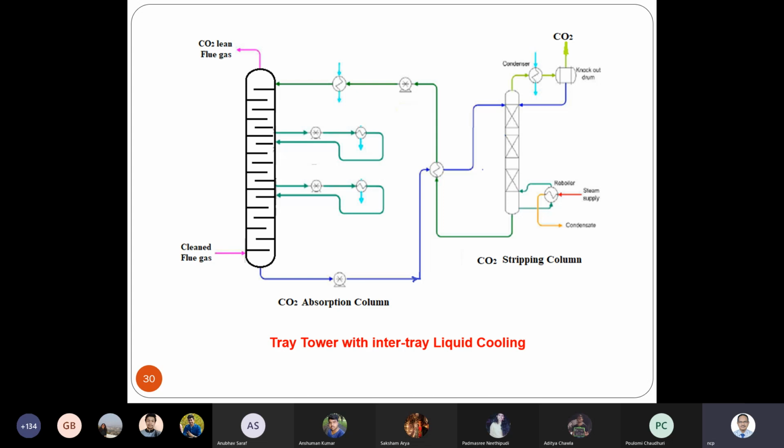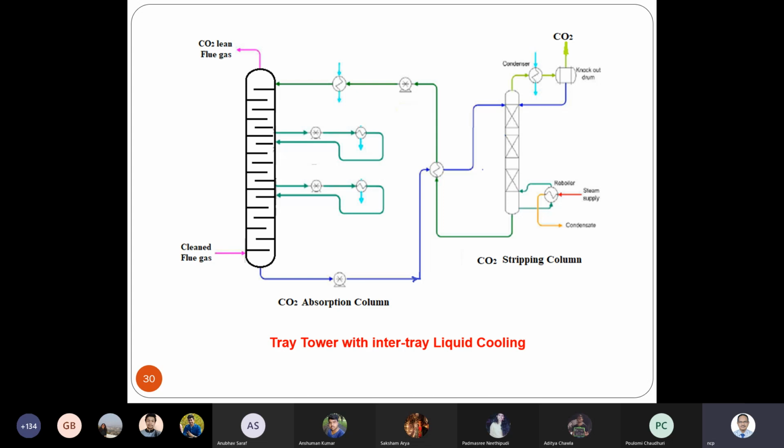This is one example: CO2 carbon dioxide absorption from flue gas, cleaned of dust and suspended particles. Then that gas is passed through the absorber, and generally it is absorbed in alkanolamine solution, so an amine absorber. After absorption, it is sent to the regenerator, where the reverse of the absorption process takes place, called desorption or stripping.